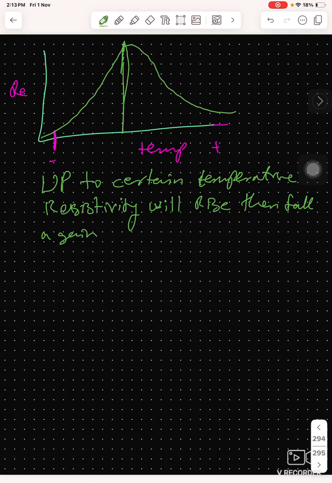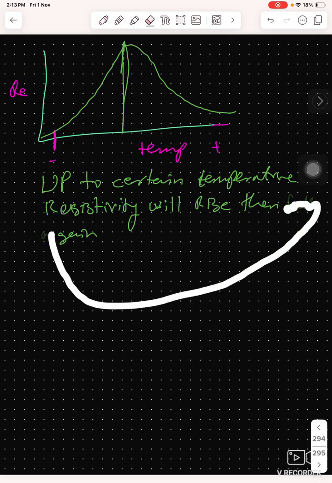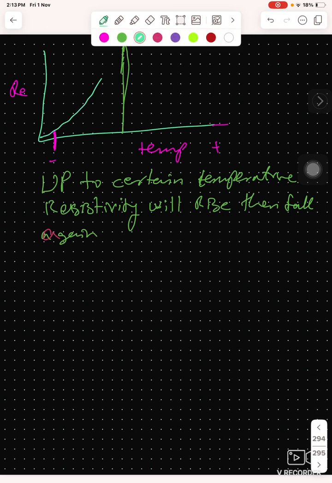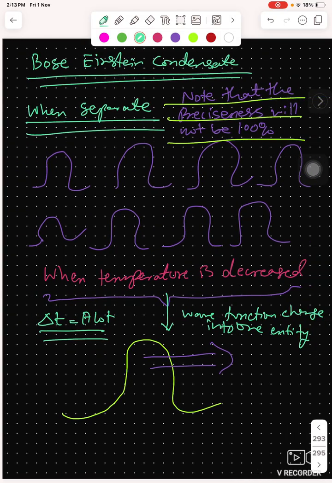No, sorry, it's opposite. Rise and fall, rise, then fall again. Okay, so this is just one example, a key point.